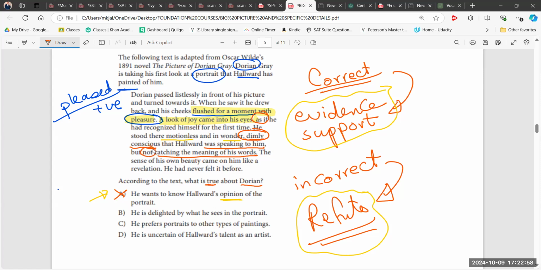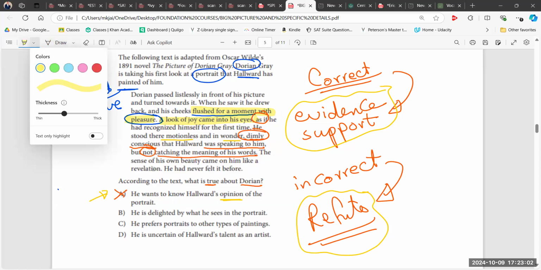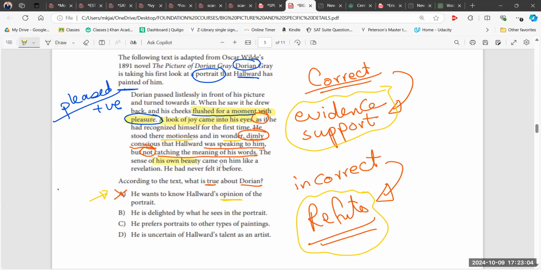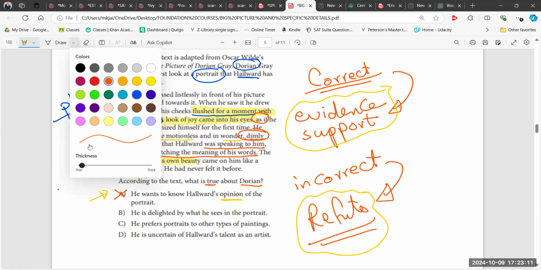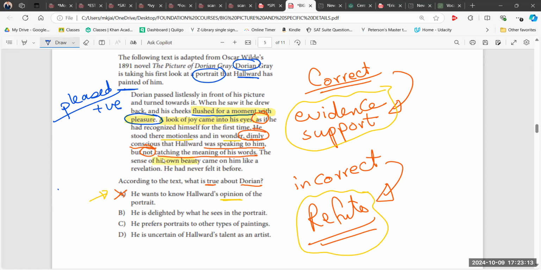Not catching the meaning. The sense of his own beauty came on him like a revelation. He had never felt it before. So, no. I have no support for this. On the contrary, he's not catching the meaning. He's not listening.